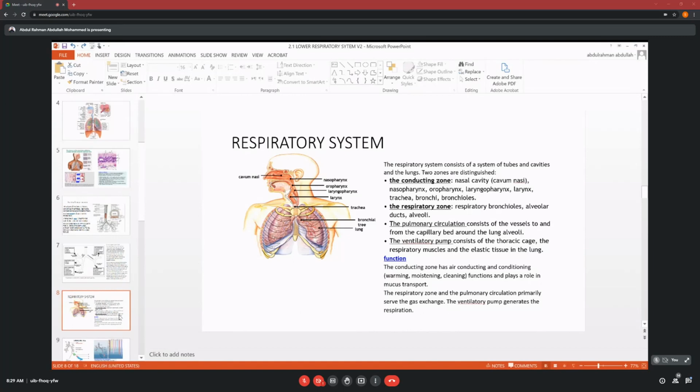Like the elastic cartilage, for example the outer ear, it has recoiling: whatever shape you give it, if you move your hand, it will return to its normal shape. This type of feature we can find in the lung as well.